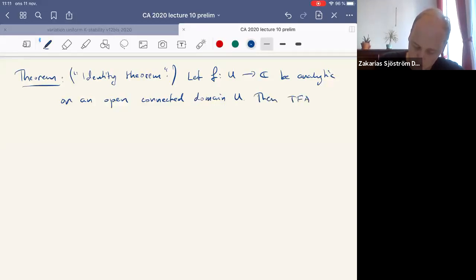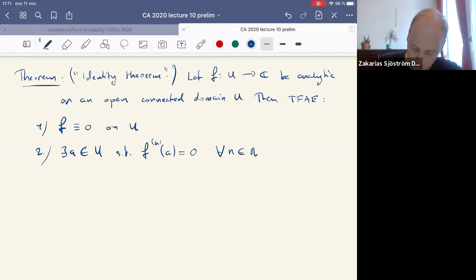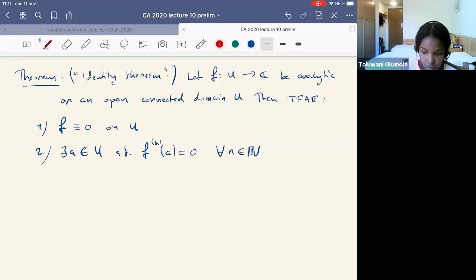Then the following, I will give 3 claims that are all equivalent. So we have the first one, which is that f is identically 0 on U. The second one is that there exists some point A in U, such that if you look at the nth derivatives, then these are 0 for all n natural numbers.